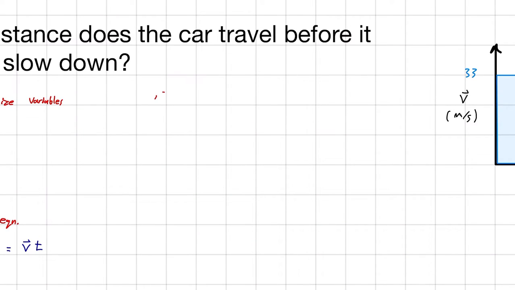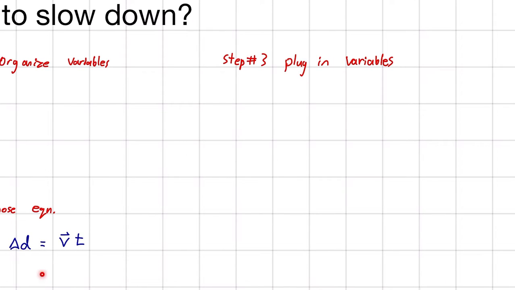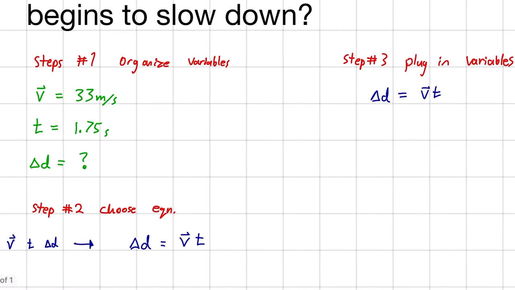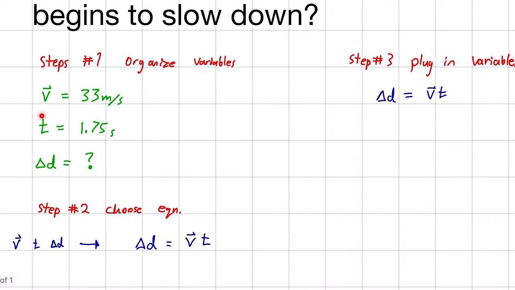That brings us to step 3, and that is to plug in our variables. I'm going to start by rewriting this equation down here. So delta D is equal to velocity times time. Now let's plug in our variables. We're going to come back to step 1.